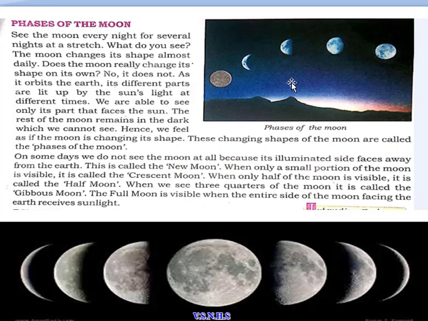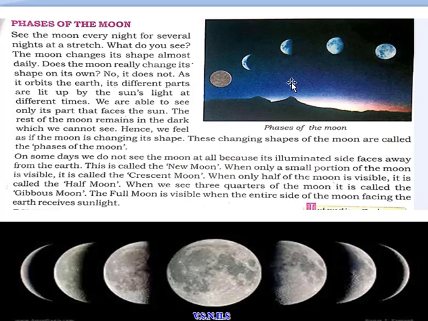As it orbits the earth, its different parts are lit up by the sun's light at different times. That is, we can only see the part of the moon on which the sunlight falls, and the part on which the light fails to fall, we can't see. As the moon revolves around the earth, the earth revolves around the sun.